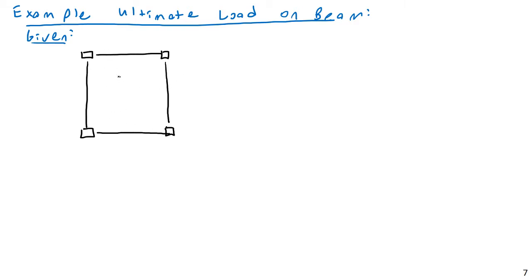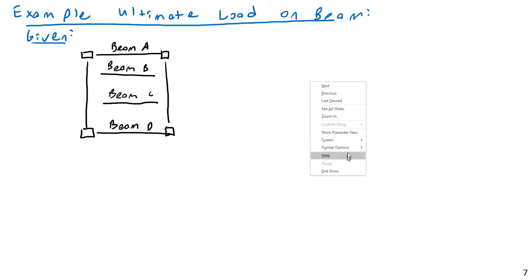And let's say I have 2 other beam lines in between here. And I'll label these as beam A, beam B, beam C, and beam D.